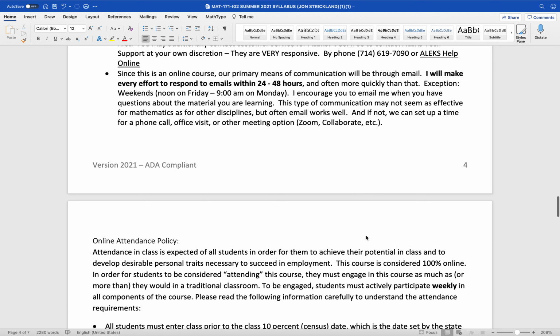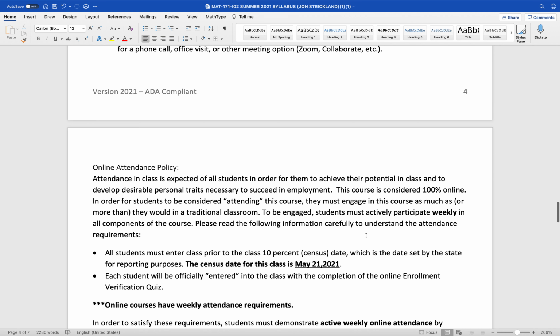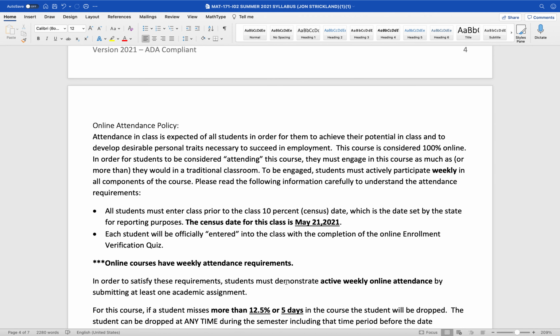Concerning the census date, that's going to be May the 21st. Regarding attendance, attendance in class is expected of all students in order for them to achieve their potential in class and to develop desirable personal traits necessary to succeed in employment.